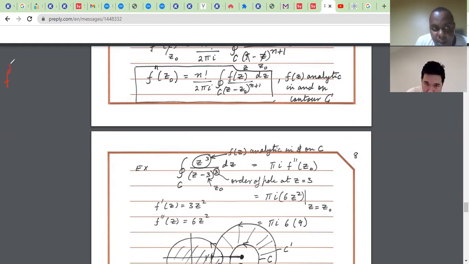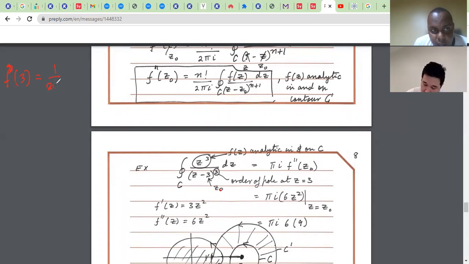Let's do f, the first derivative at 3. It's going to be n equals 1, and z naught is going to be 3, right? n factorial is 1.